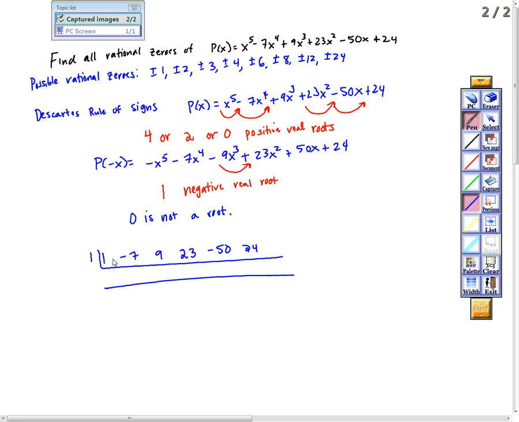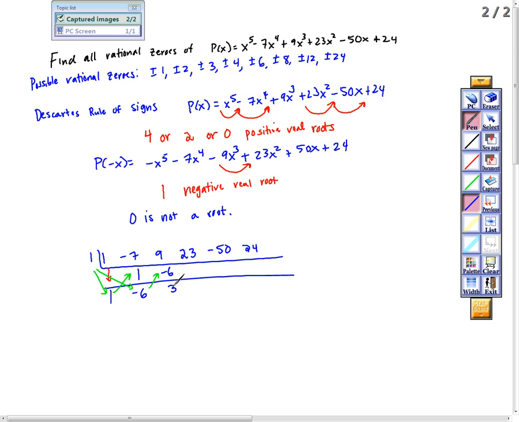Okay? So remember, when you're doing synthetic division, you bring this term down. So I get 1, and then you multiply and put the answer there. So 1 times 1 is 1. Then I have negative 7 plus 1 is negative 6. And I keep going, right? 1 times negative 6, and I put it here. That's negative 6, so I have 9 minus 6 is positive 3, and so on.